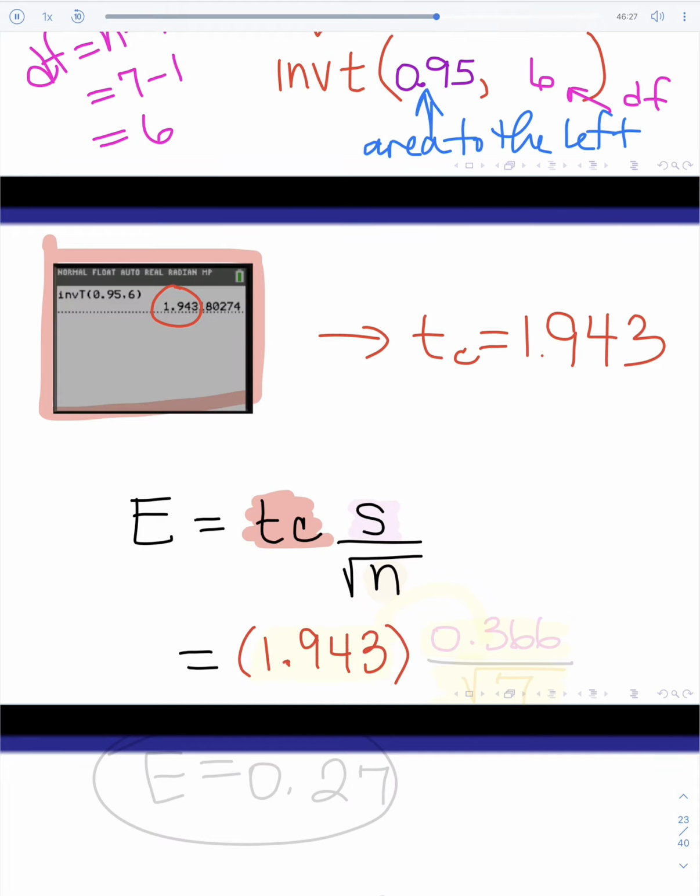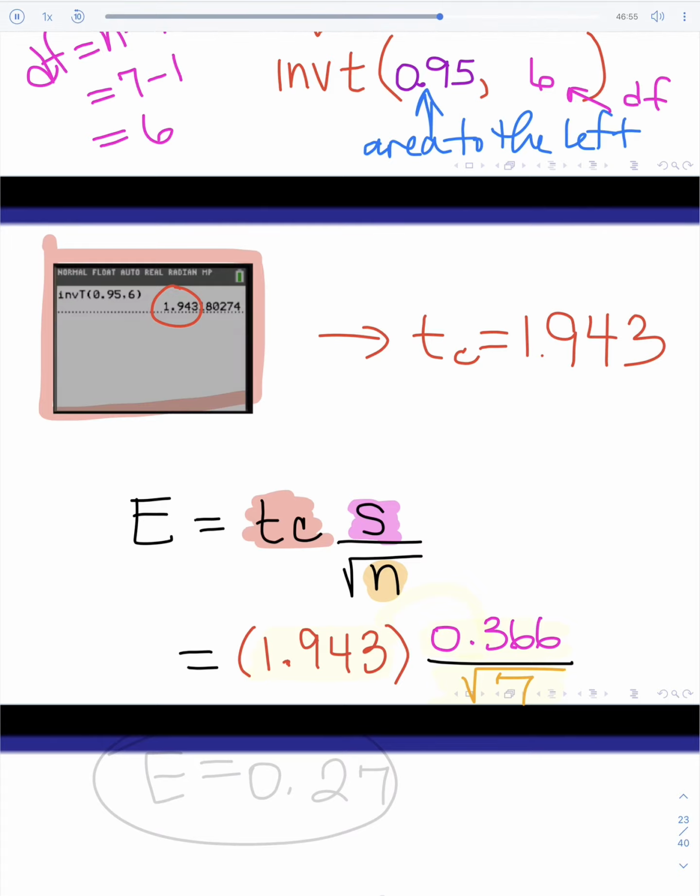And we already had the standard deviation, the S for the sample, which was 0.366 divided by, and remember what goes on the bottom was that square root of n. So that should be, remember, n, not the degrees of freedom, n was 7.